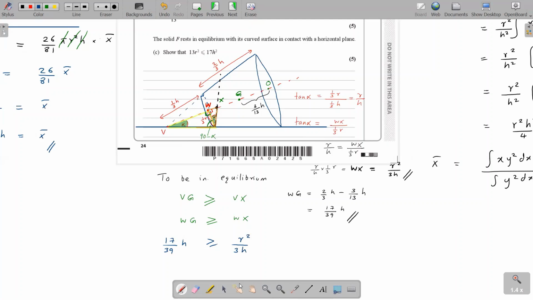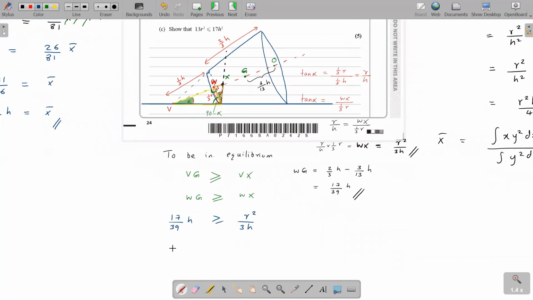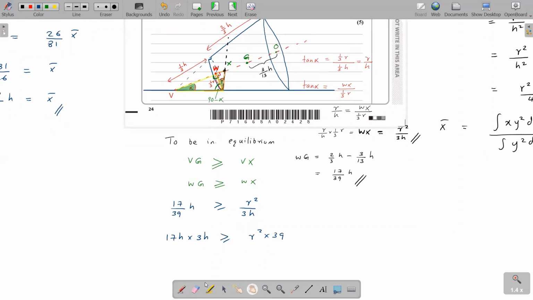So now cross multiply and let's get the answer. 17h into 3h greater than or equal to r square into 39. Are you with me? So 17h into h is h square. I can see 39 and 3 I can divide. Shall I divide the 39 and 3? So I get here 17h square greater than or equal to 13r square.